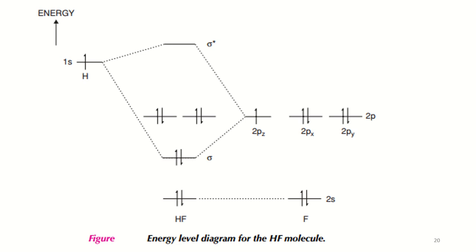The hydrogen 1s electron experiences unit positive charge from the hydrogen nucleus and is of higher energy than the 2s and 2p electrons of fluorine, which are not well shielded by the inner 1s electron from the nuclear charge of 9 positive.